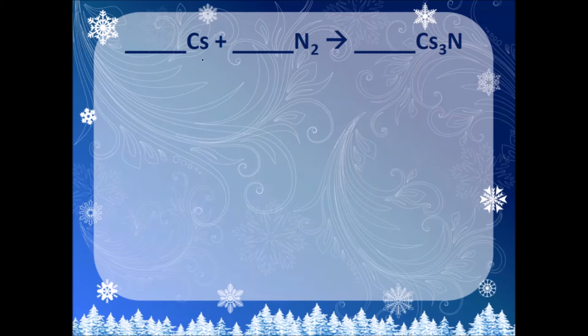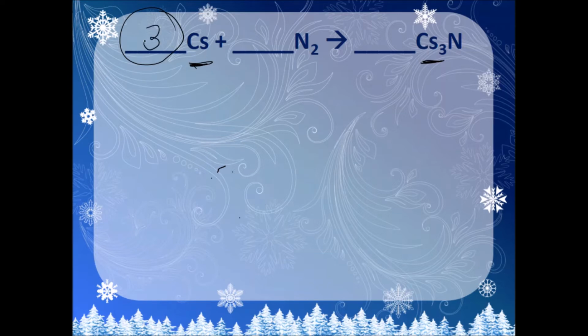How many C's? Okay, you're getting ahead of us. For the people who are not as fast as you are, let's try. How many C's is there? 1. How many C's is there? 3. Okay, well, we got to fix that, don't we? So what number can we put there that would also give us 3?